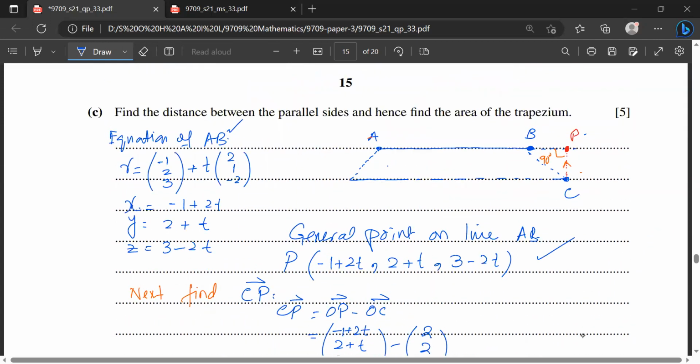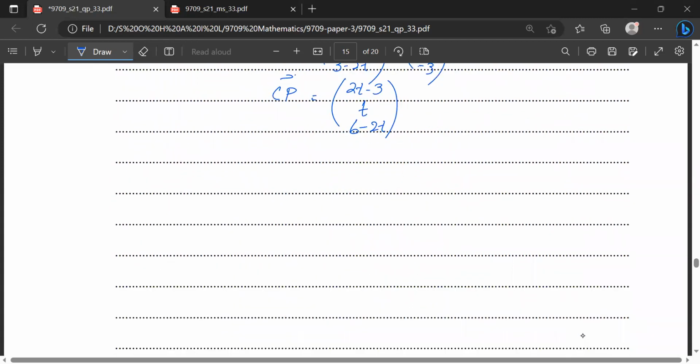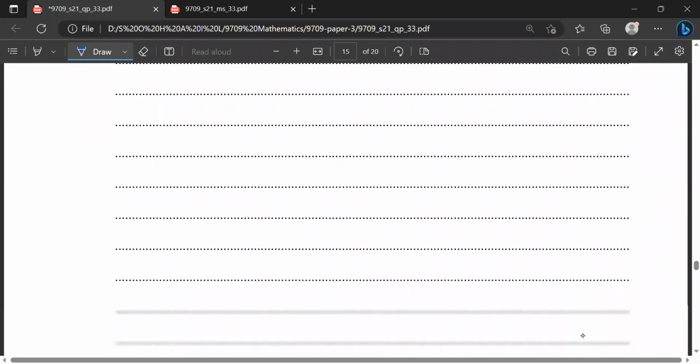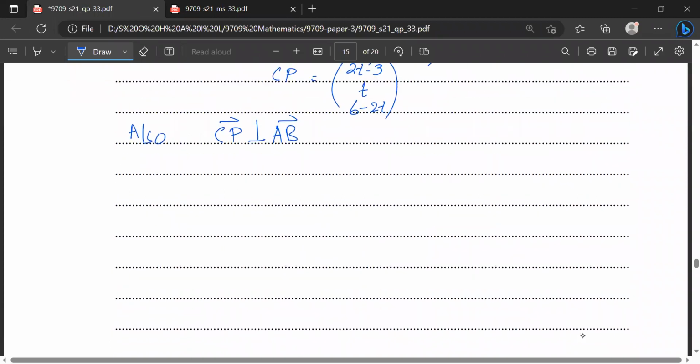So CP vector is perpendicular to AB. So in the given situation, also we have CP perpendicular to AB. If the two vectors are perpendicular, then their scalar product is 0.